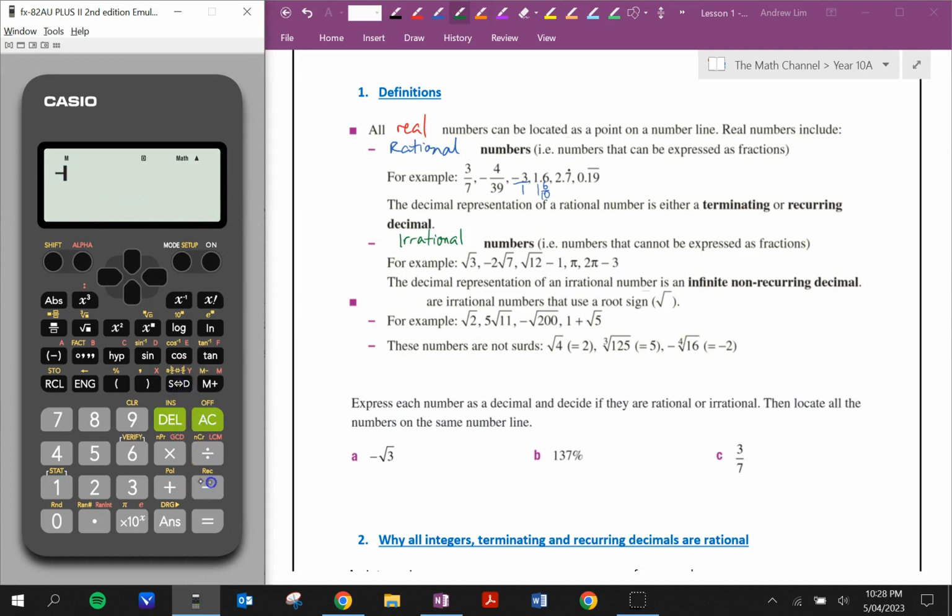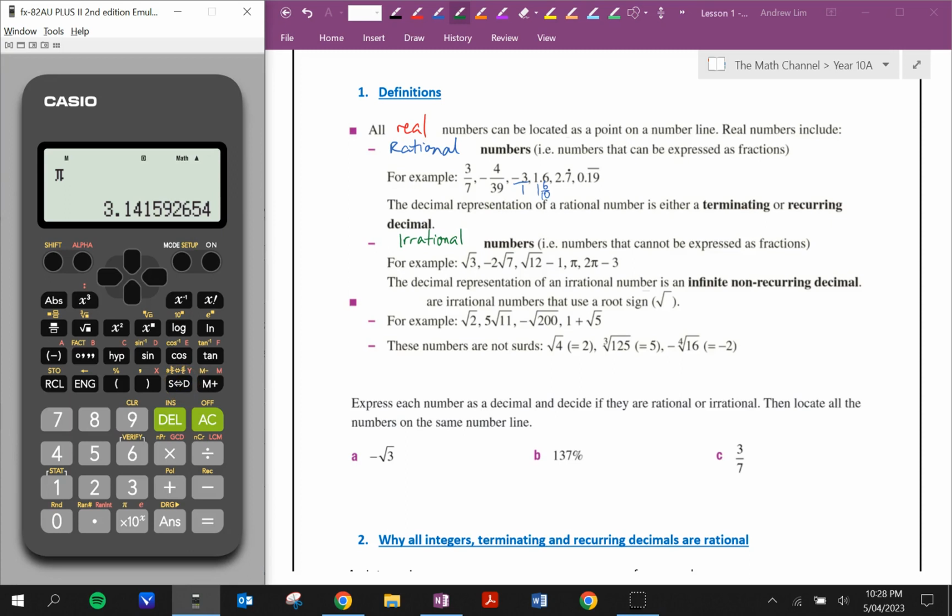Same as -2√7. Can't be written as a fraction. Or √12 -1. Can't be written as a fraction. Pi. Can't be written as a fraction. So, all of these are examples of irrational numbers.